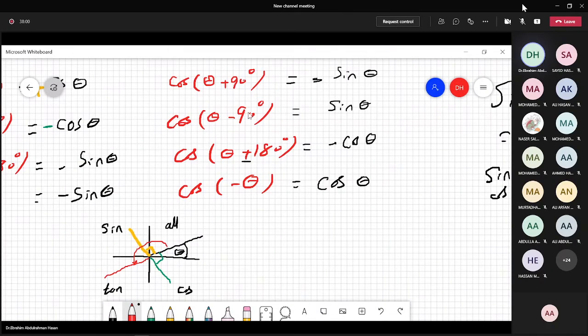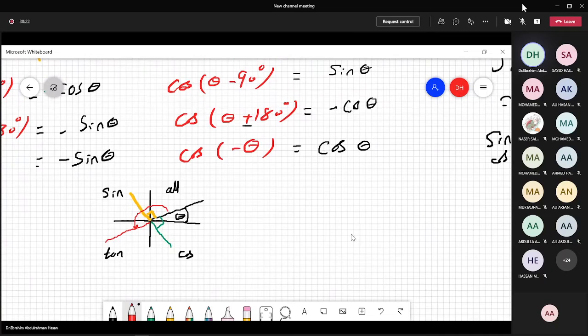Cosine theta minus 90, it will be here. And in fourth coordinate, cosine is positive, so then it's a plus sign. Because it is plus 90, it's changed to sine theta, and it will be positive here.